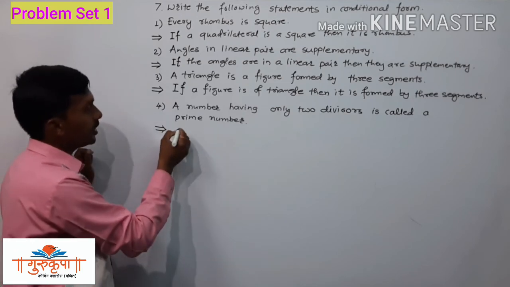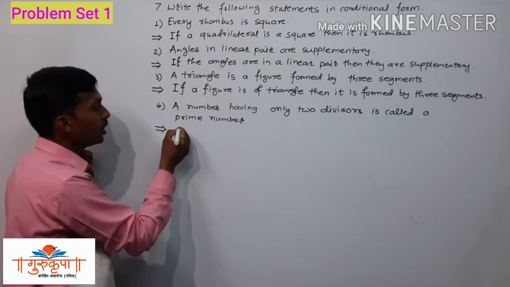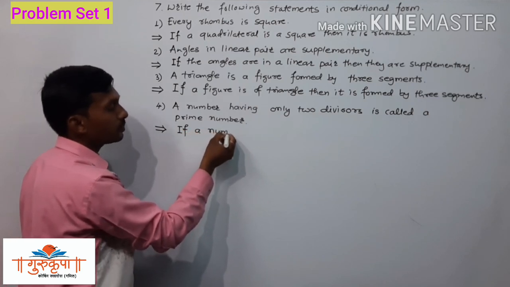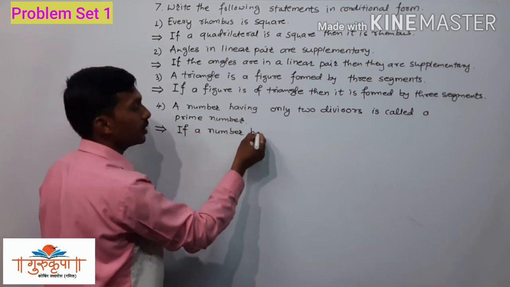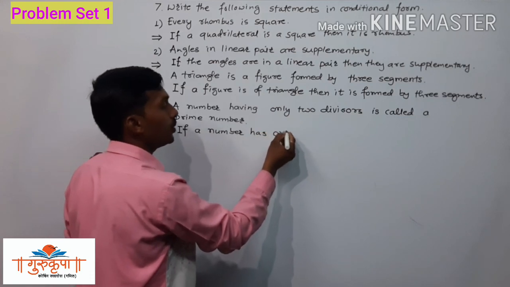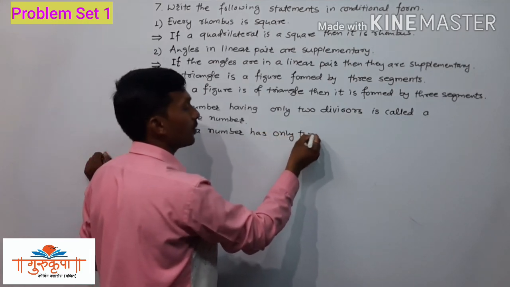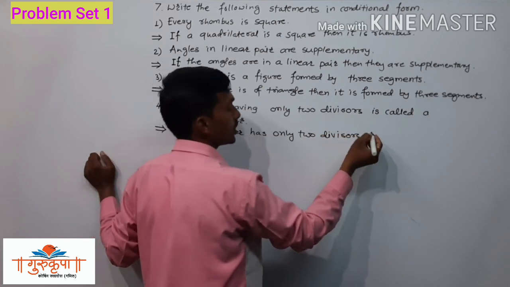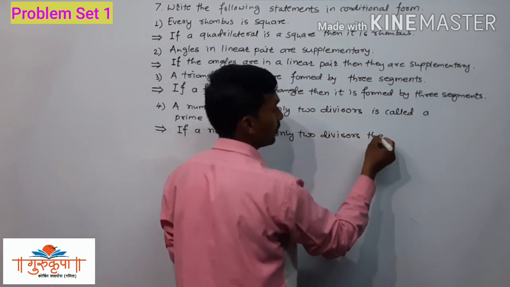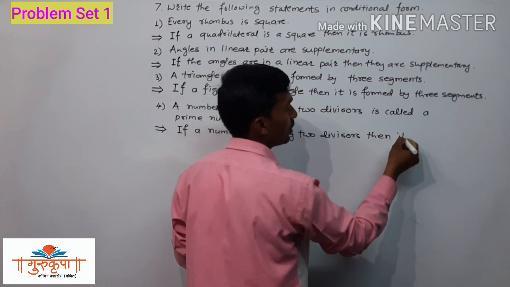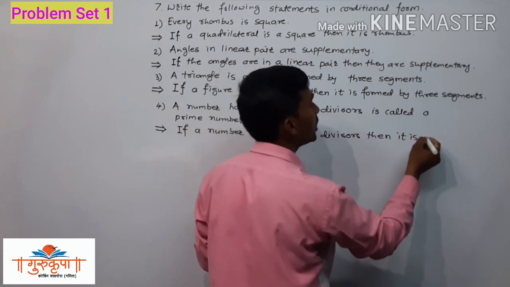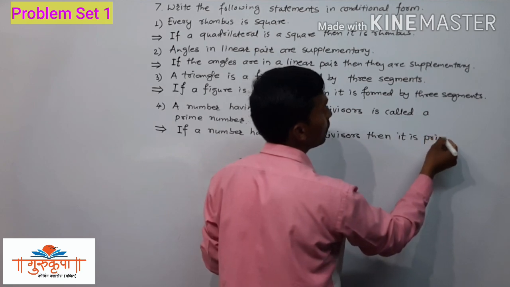So here we can write, if a number has only two divisors, then it is called a prime number, or you can write only, it is prime.